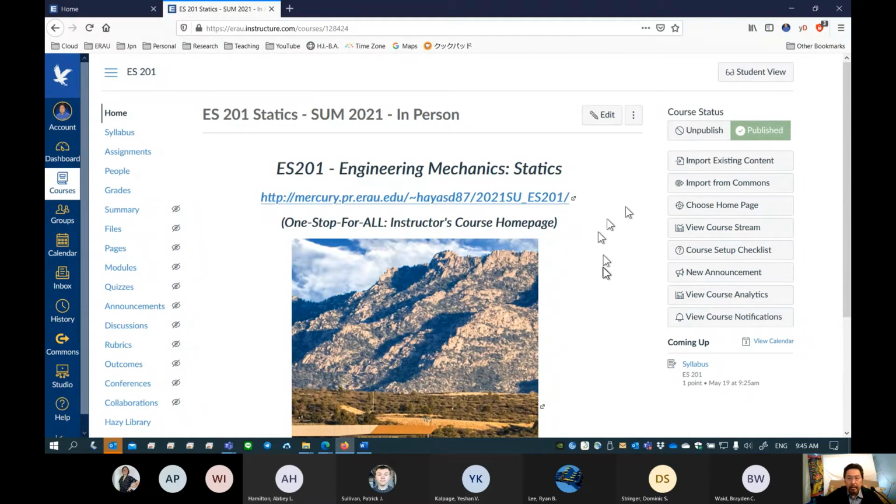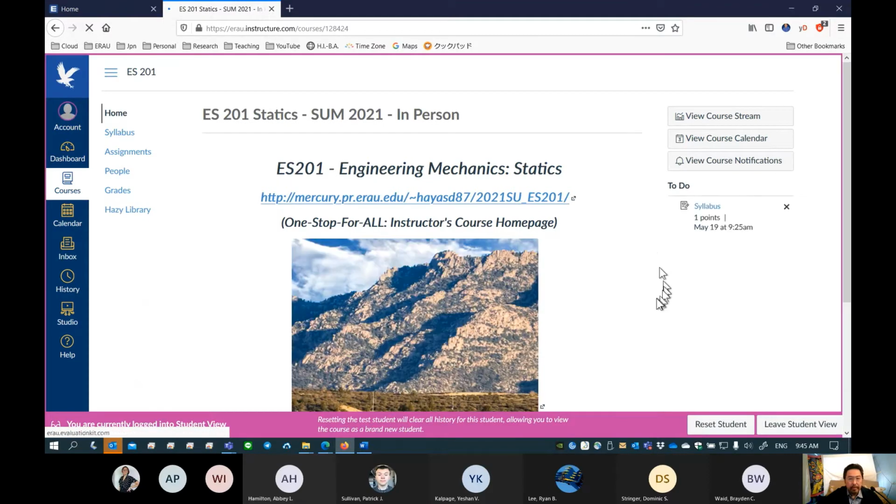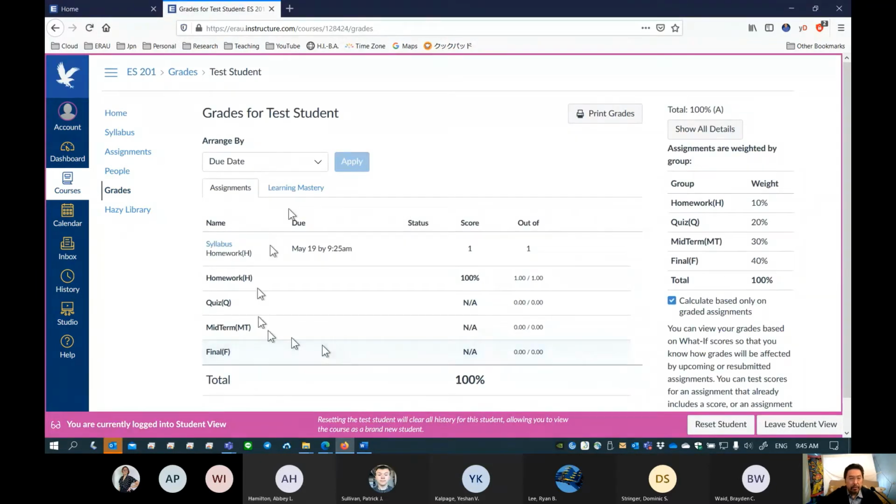Now let me just simulate as a student. This is the student view, so this is how it looks as a student. I actually do not use Canvas that much. The only function I use Canvas for is creating assignments. Based on the assignments, your grade is going to be displayed. So I have to create the assignments, and then you can see your grade.